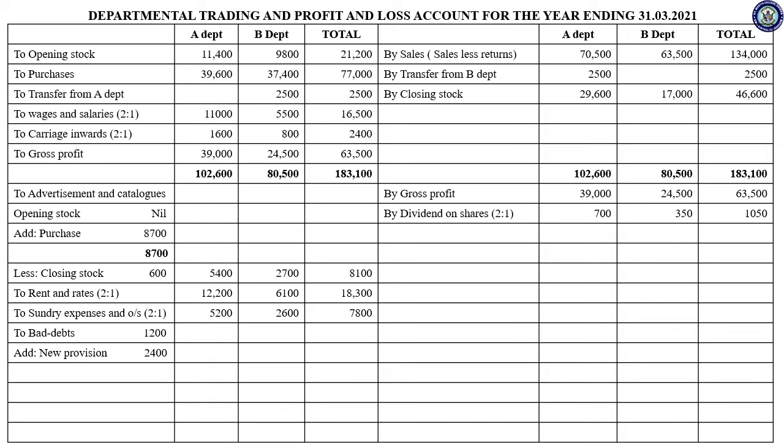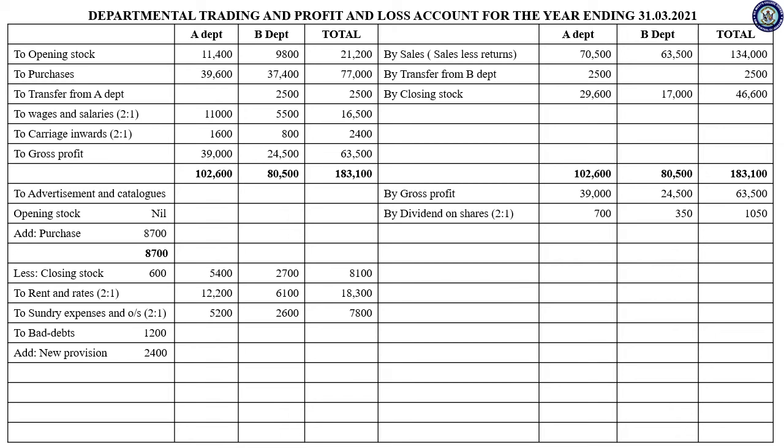You have to see the debtor value that is given in the trial balance. From that, you have to deduct the bad debt which is given in the adjustment. I repeat, it is given in the adjustment, that is 1200.